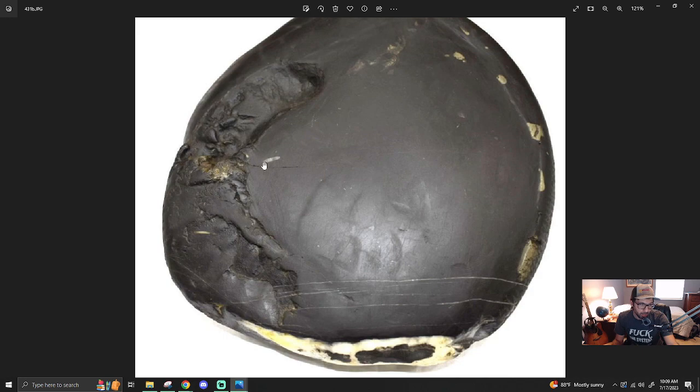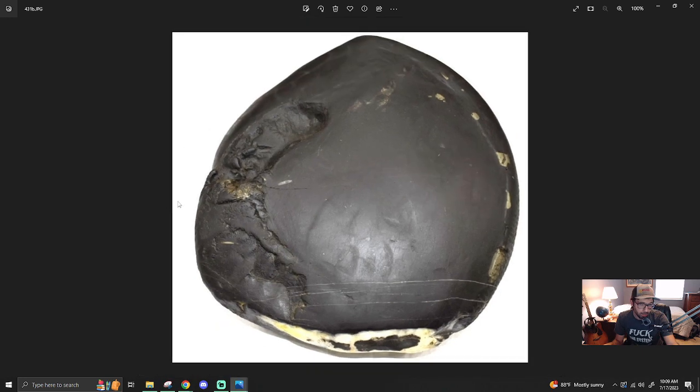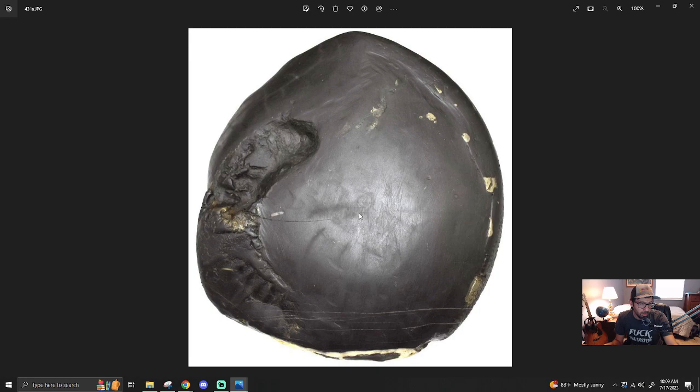This crack goes right across, not through the center, but actually adjacent to, which is probably central to what was happening.